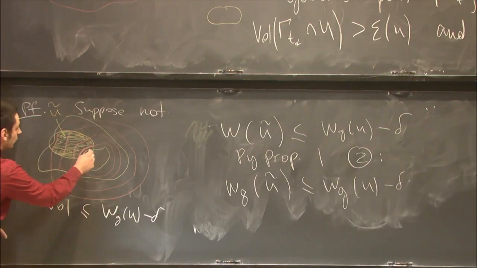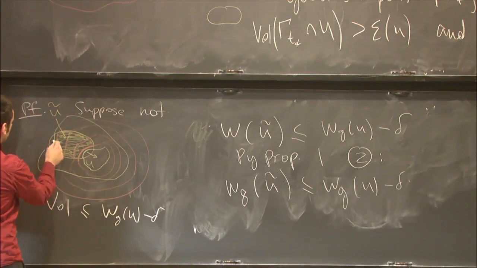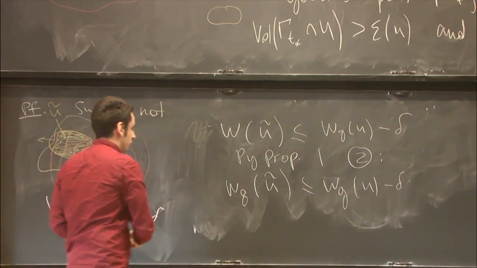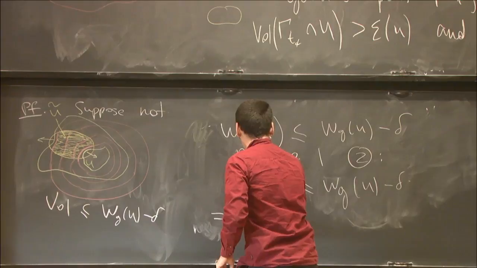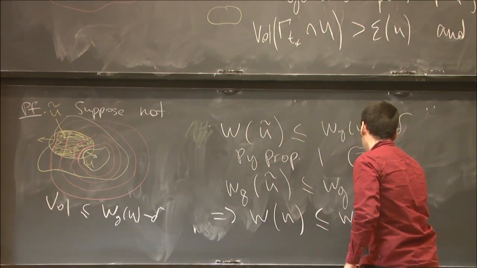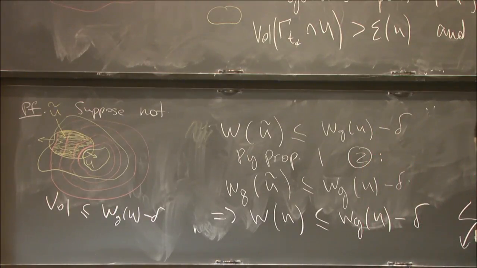And once they have small area, we are able to push them out of U here and here to construct a legitimate sweepout of U. Therefore, W of U is less or equal than Wg of U minus delta. But that contradicts proposition 1, part 2 again, because they have to be equal.